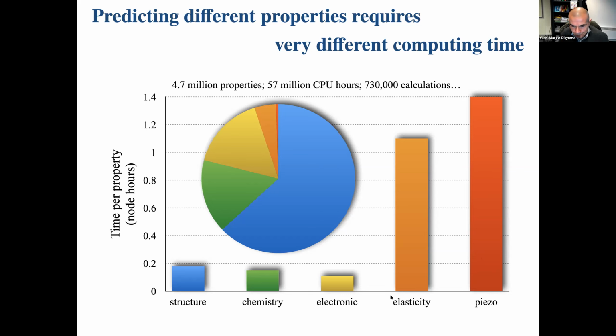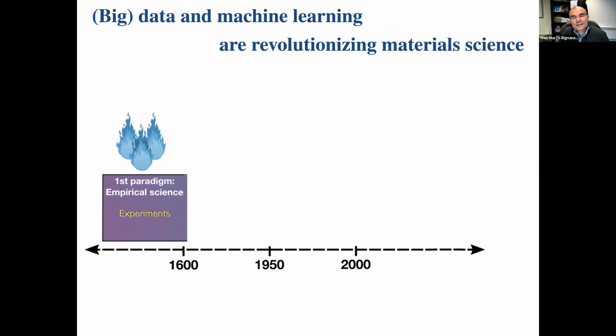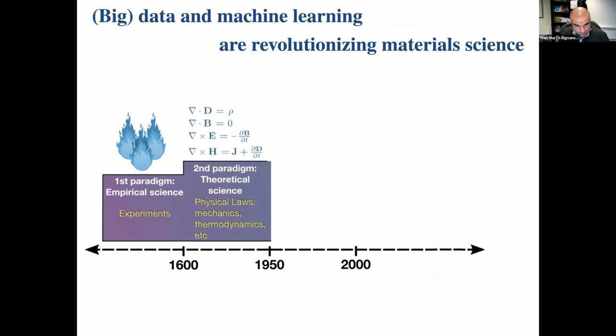And indeed, our field is no exception compared to what we see in the rest of our lives. Big data is kind of revolutionizing things. So in our field, we started from learning through experiments, and we've seen this trial and error approach of the light bulb by Edison.